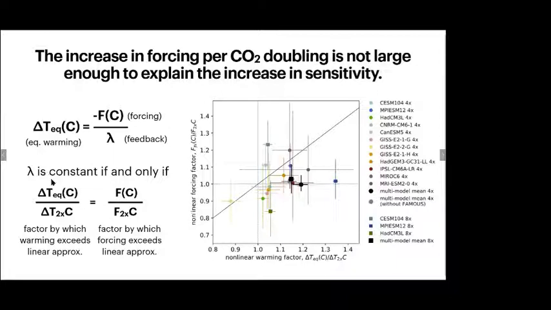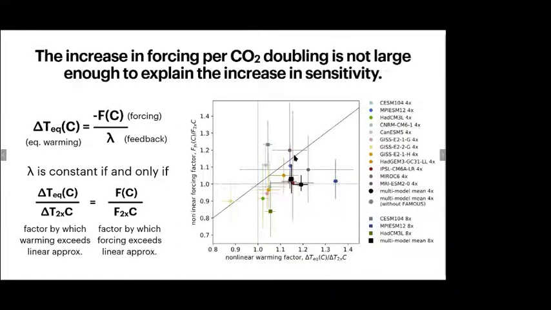This is true if the factor by which the equilibrium warming exceeds what you would expect from linearly extrapolating from the 2x experiment is the same as the nonlinear factor for forcing. So the factor by which the warming exceeds its 2x experiment is the same as the factor by which the forcing exceeds its 2x experiment.